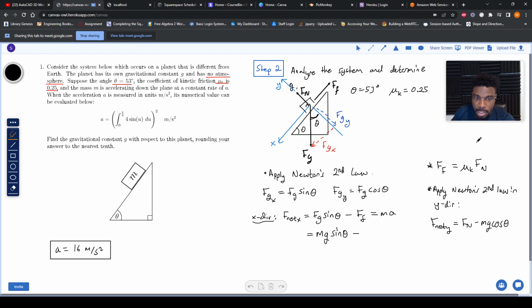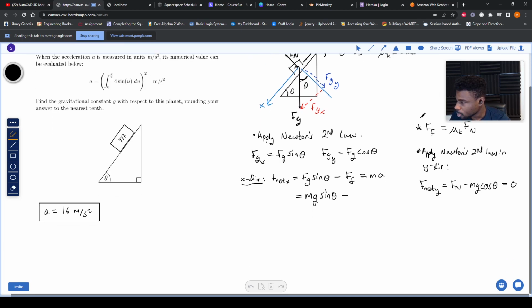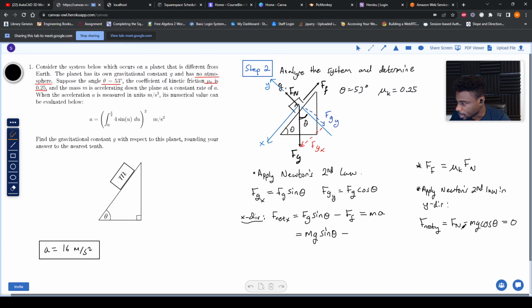Now, do we have any acceleration along the y direction? No. So no acceleration, so this is going to be equal to 0. So this equation tells us that our normal force must be equal to mg cosine theta. Let's go ahead and write that down: normal force equals mg cosine theta.